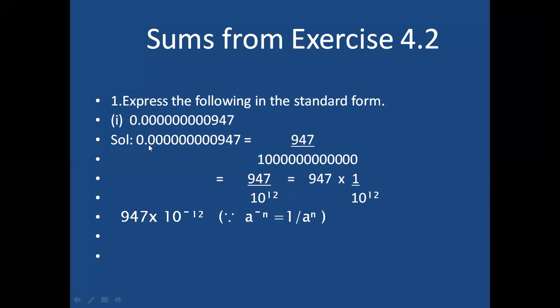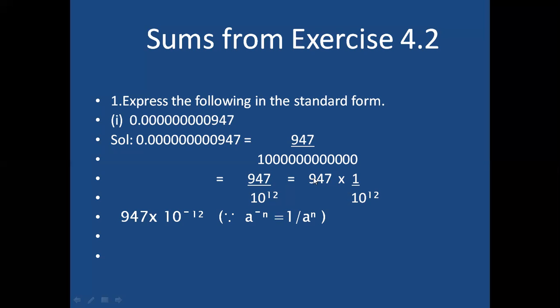In place of the decimal you write 1, and after the decimal, however many digits are there, you keep that many zeros, including 947. Here after the decimal we have a total of 12 digits, so keep 12 zeros. How do you represent 1 followed by 12 zeros? That is 10 to the power of 12. So 947 by 10 power 12.